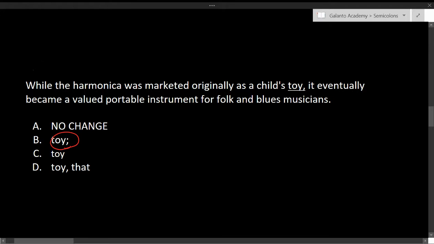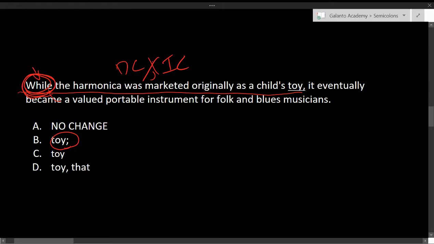Because of this word right here, while, we know that this first clause is dependent. It's not independent. We can tell from this word, relying on our ear, that there needs to be more information. This could not be a standalone sentence. Because it's a dependent clause and an independent clause next to each other, a semicolon would not work.